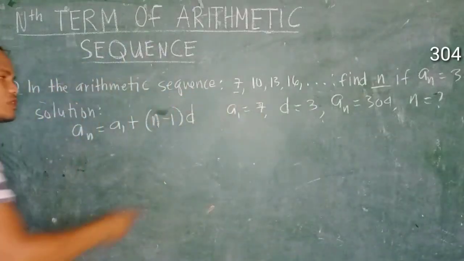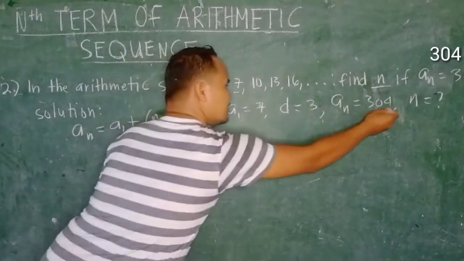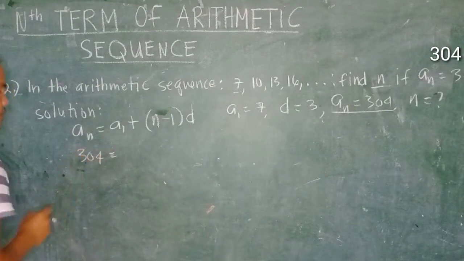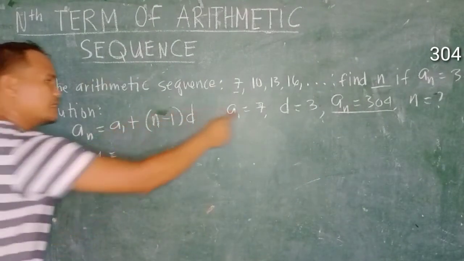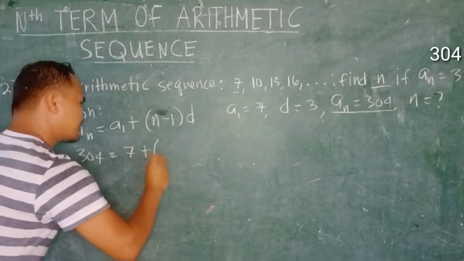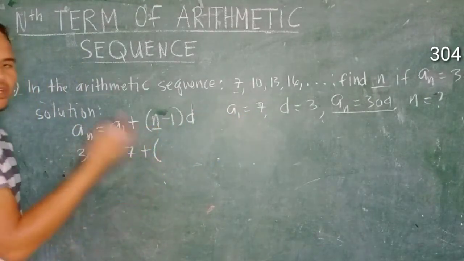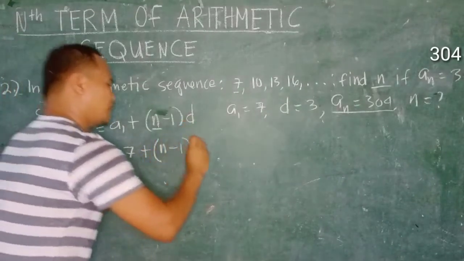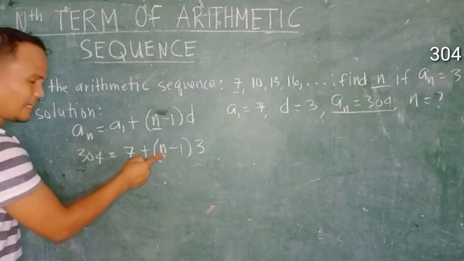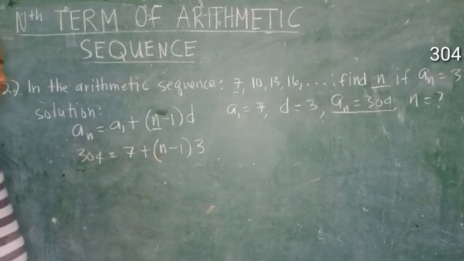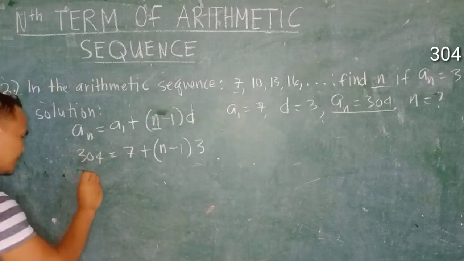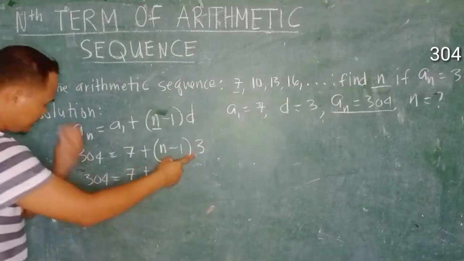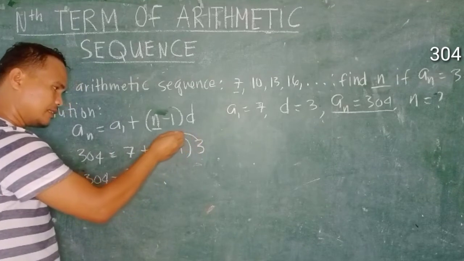Just substitute the given. So here, a sub n is 304. Okay? Then the first term is 7 plus n minus 1 times the common difference, 3, since the number of terms is what we do not know. So n is what we are looking for, the number of terms. Okay. So copy 304, 7 plus. Multiply 3 to each term.